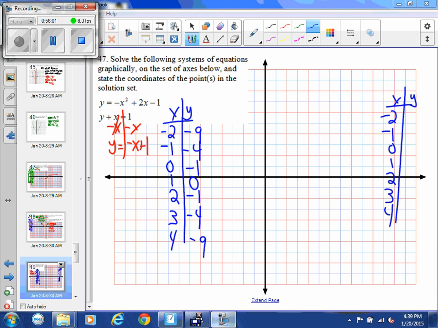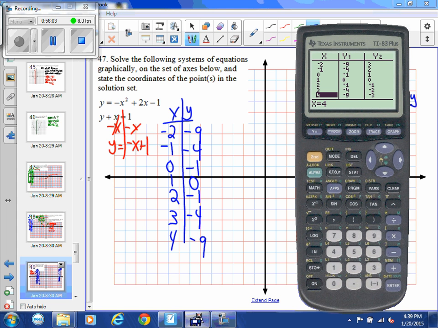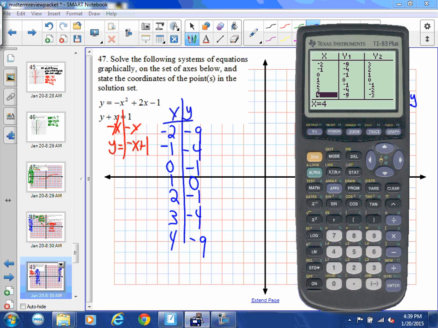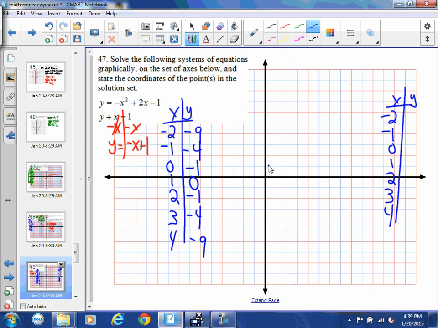And the other table, I had 3 down to negative 3: 3, 2, 1, 0, negative 1, negative 2, negative 3.